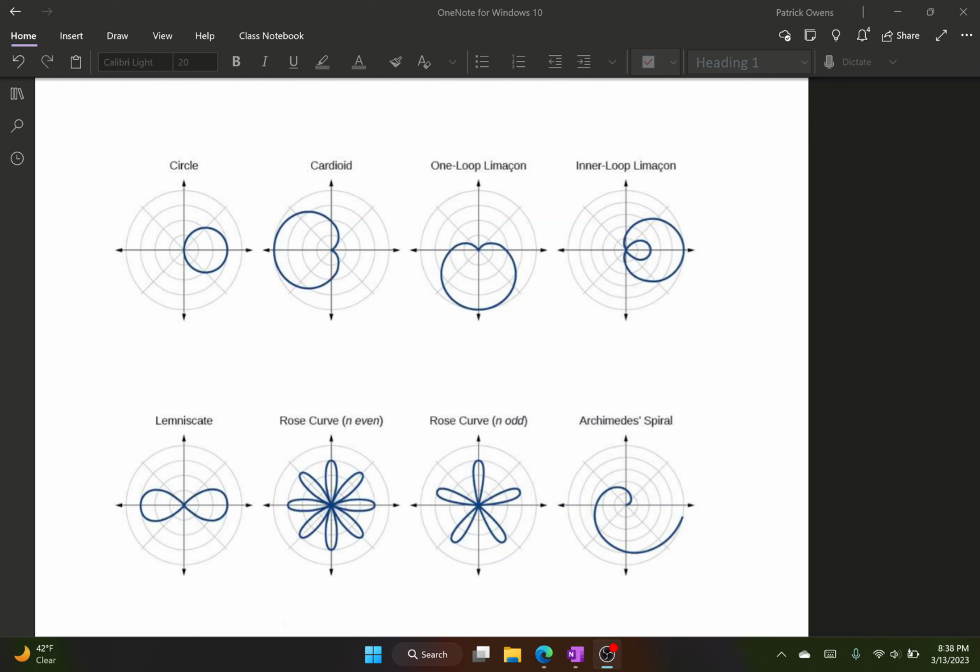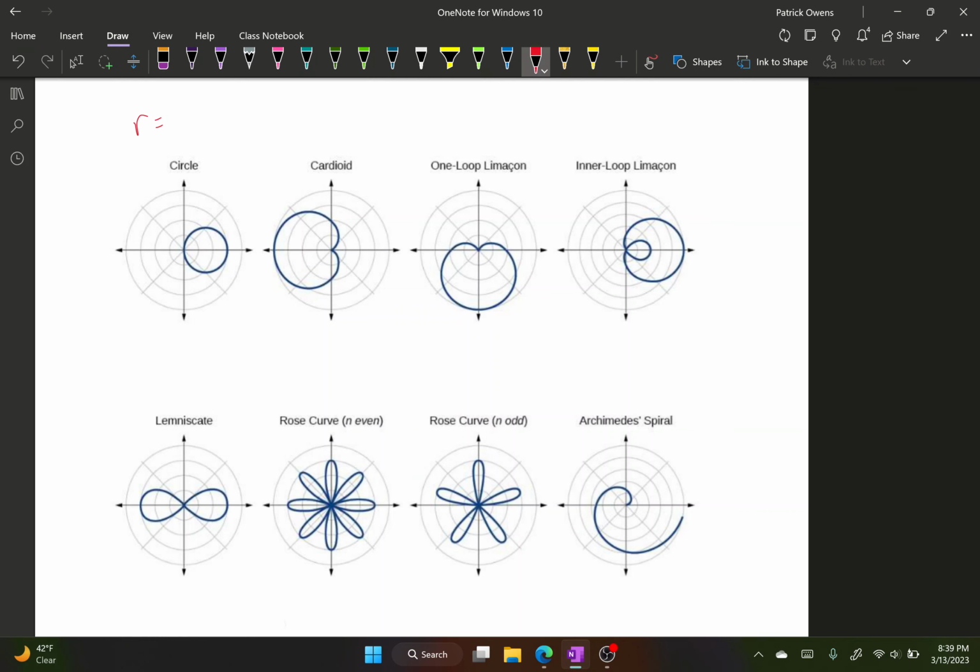You know and love circles from geometry and just life in general. In polar terms, we've got two different types of circles. The first is ones that have the equation r is equal to a cosine of theta.